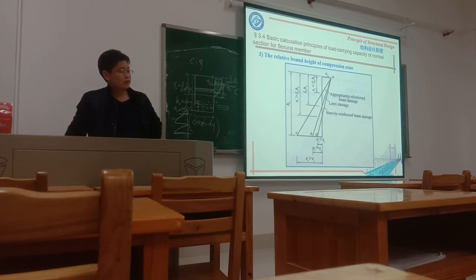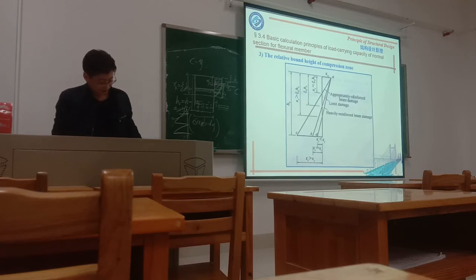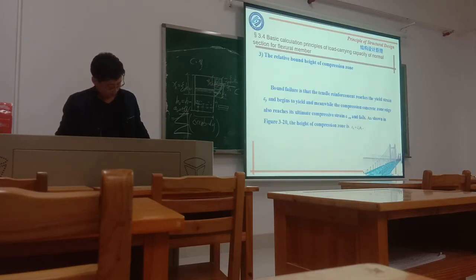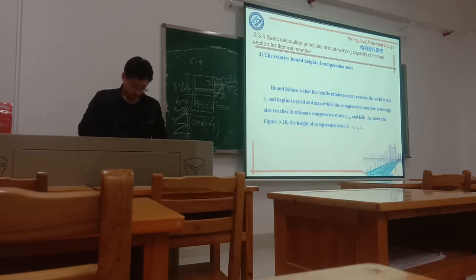The ratio must be less than or equal to the maximum. For the AB line, the ratio is the maximum; that's the boundary of the reinforcement ratio. So for appropriate reinforcement, it must be less.